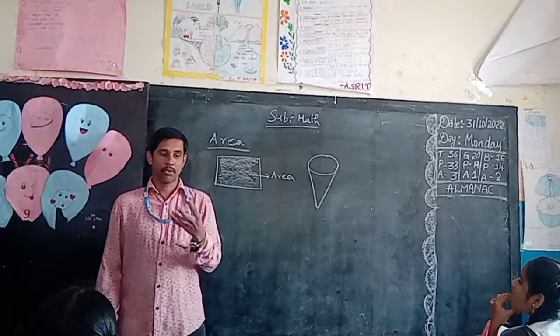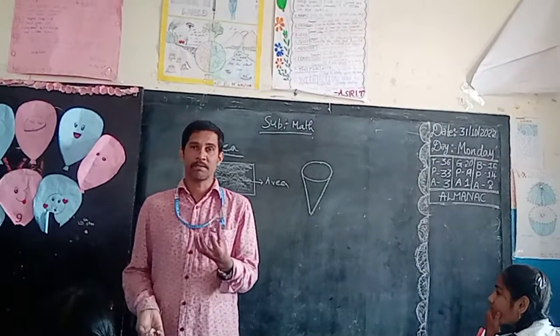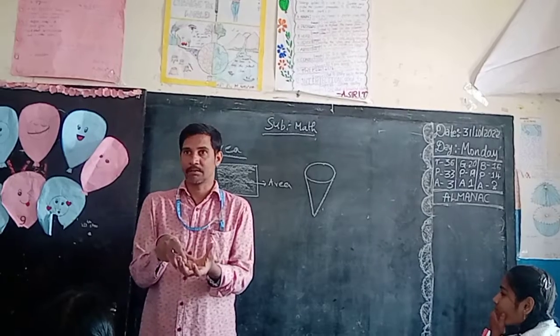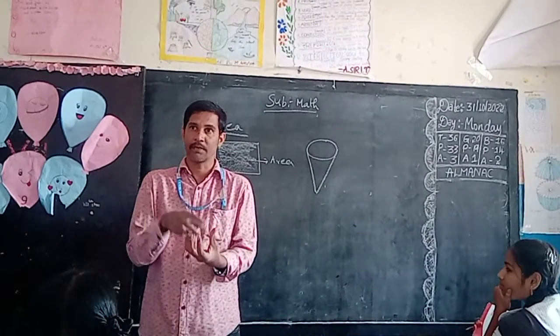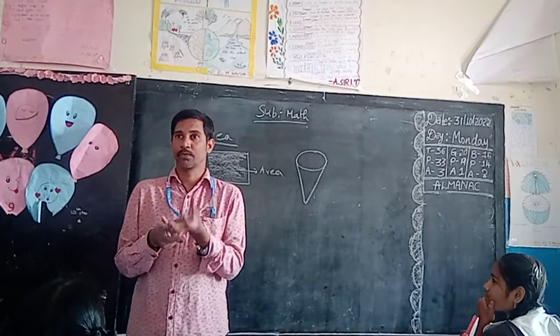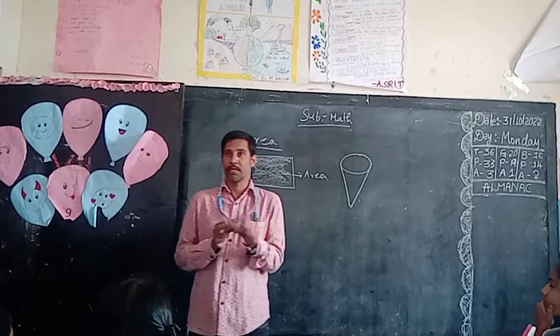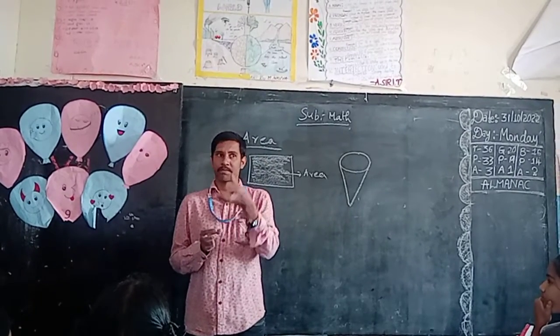Does the cone have some space inside it or not? Yes. If it has some space, then only we can fill something in it. Ice cream or whatever we want, we can fill in that cone. That means the space that we use to fill something is called volume. If we have some volume, then only we can keep something inside it.